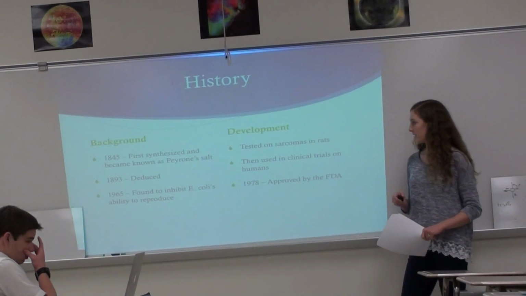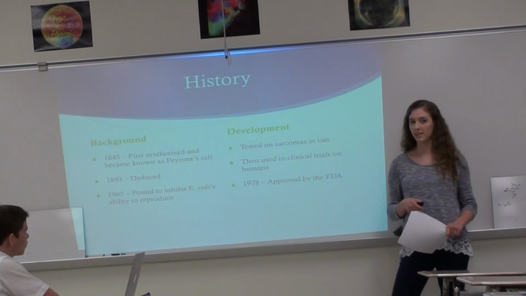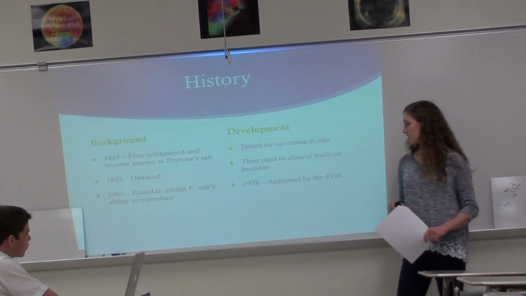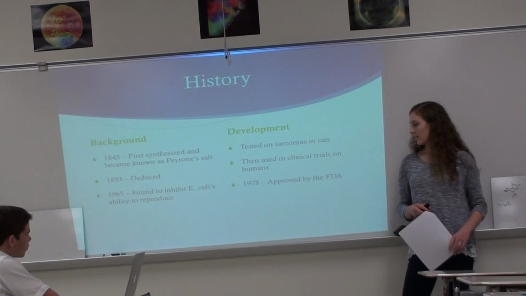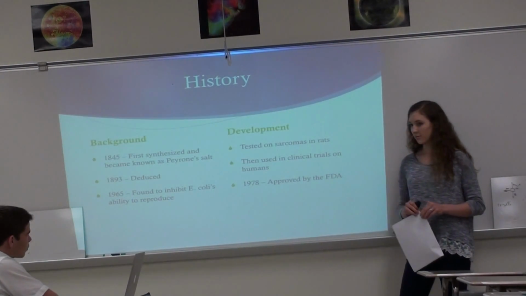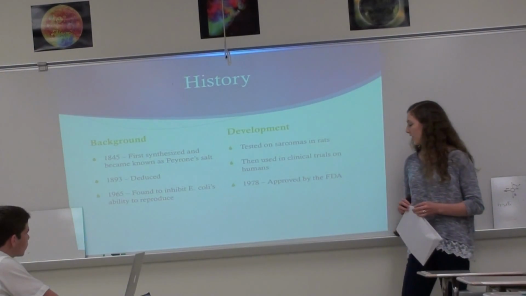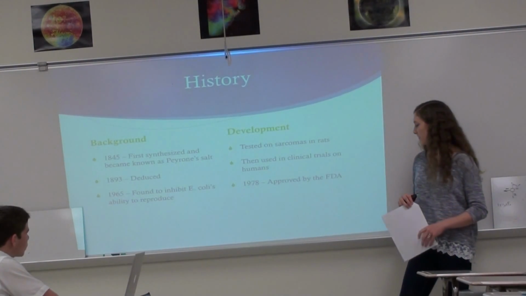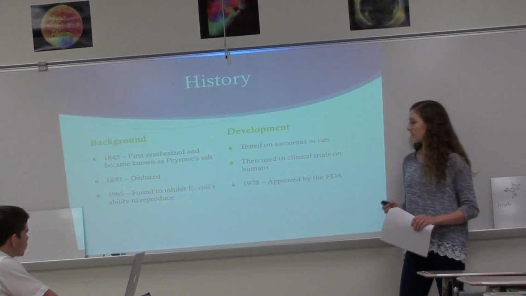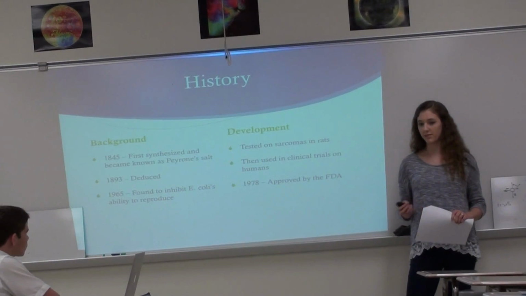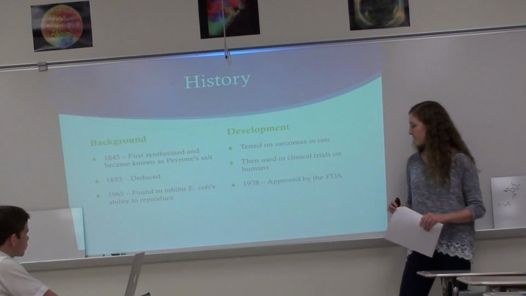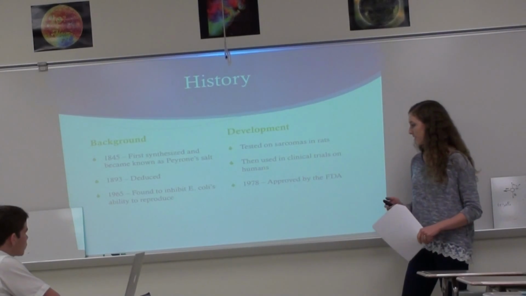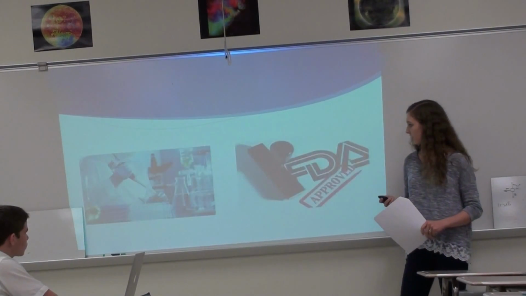So they began implanting sarcomas into rats and testing the effectiveness, and then they began using it in clinical trials. And then in 1978, the Food and Drug Administration approved the drug for cancer use, and the following year it was also approved in many European countries. And so through this, cisplatin became the first potent anti-cancer drug used in chemotherapy, and also the first platinum-based FDA-approved drug.